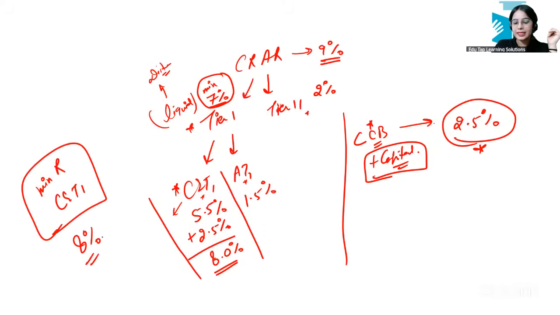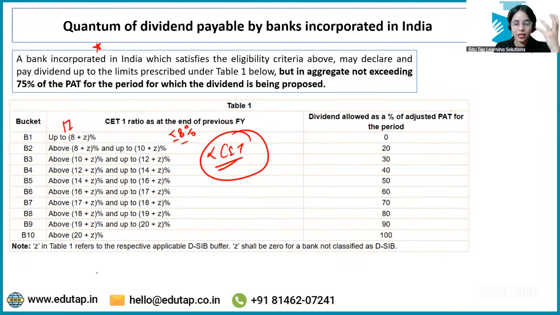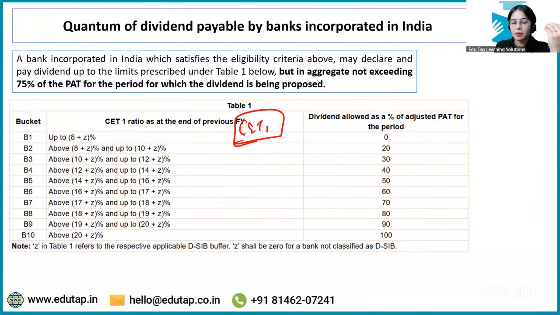Let's say the bank is only maintaining 8%, up to 8%, less than 8% or equal to 8%. Should the bank be allowed to provide the dividend? If the bank has the common equity tier 1 capital less than 8%, or let's say just equal to 8%, should the bank be allowed to pay the dividend?